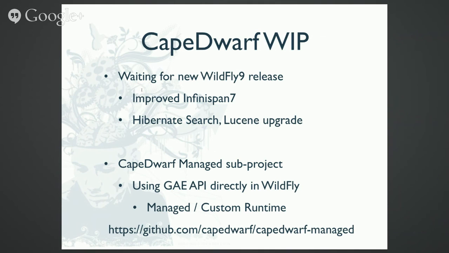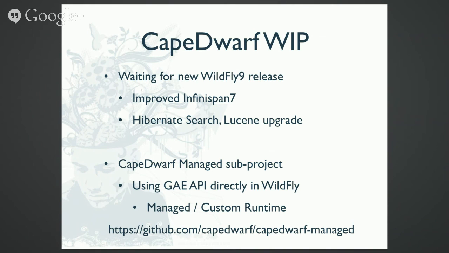What we're doing now is waiting for the new Wildfly 9 release. Alpha 1 was out, but it didn't have the pieces that we needed, so we're waiting for the next release. The Wildfly development mailing list will know when it's going to be available. And of course, what comes with the release that we're waiting for is the improved Infinispan 7.